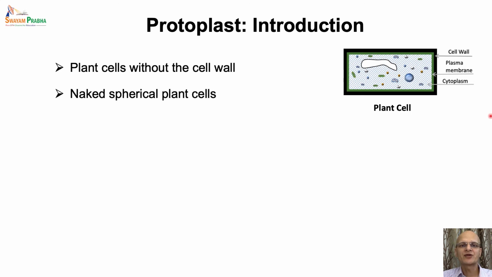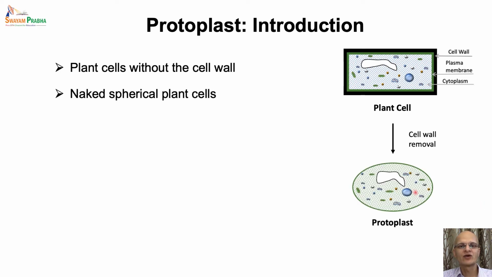Here is a cartoon of the plant cell where the cell wall and plasma membrane are clearly annotated, and there are several other organelles like vacuoles, ribosomes, nuclei, endoplasmic reticulum, Golgi, and so on. When this cell wall is removed, everything else other than the cell wall is called a protoplast.